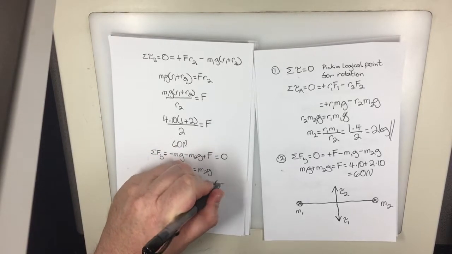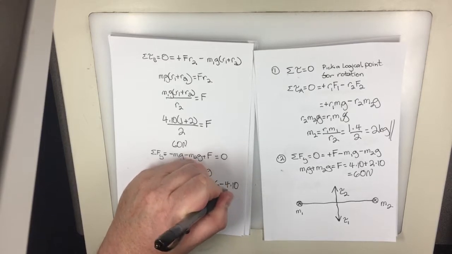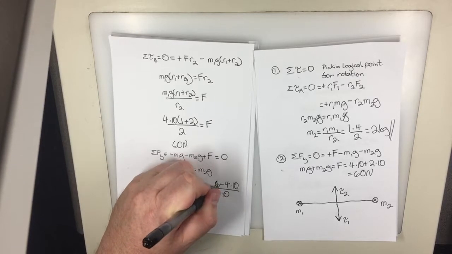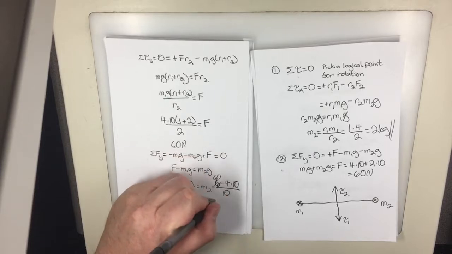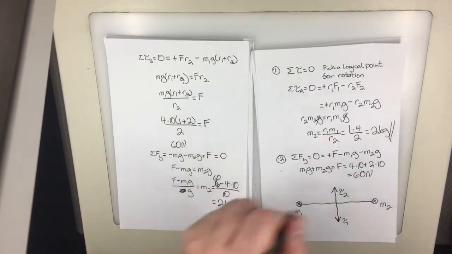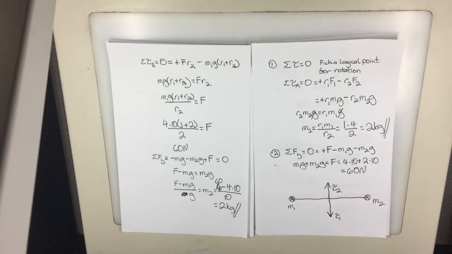Force is 60 minus M1, 4 times 10, divided by 10. That should be a 60. 60 minus 40 is 20, divided by 10 is 2. So they match. So you can pick any pivot point that you want. You just have to pick a point that makes sense.